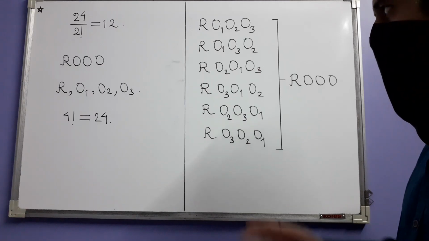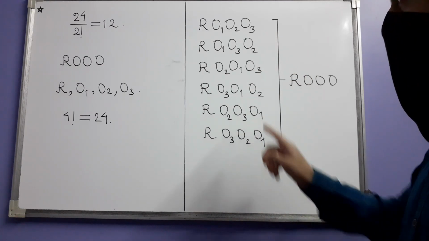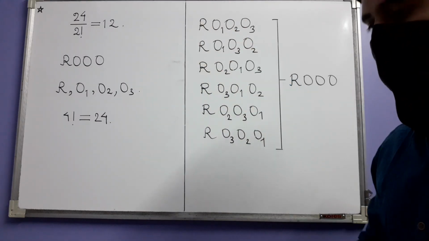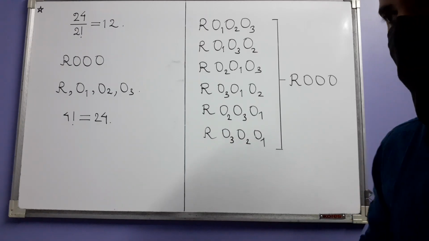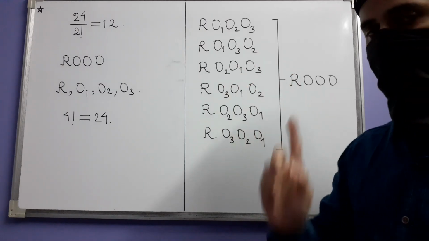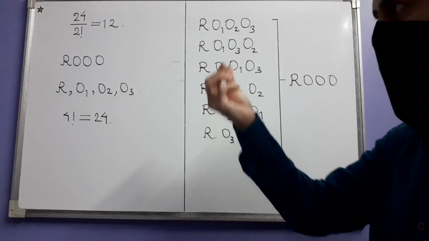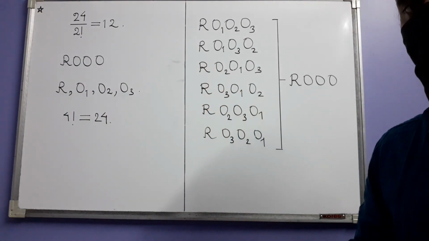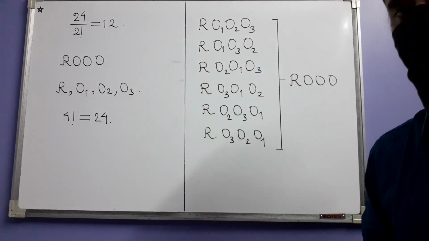And you can imagine that there will be other words also, where say it starts with O, then R comes, and then two other O's come. Like that, there is only one word, I mean, if we are calling this type of thing a word: O, R, O, O. But because of this distinction, there also you will get 6.